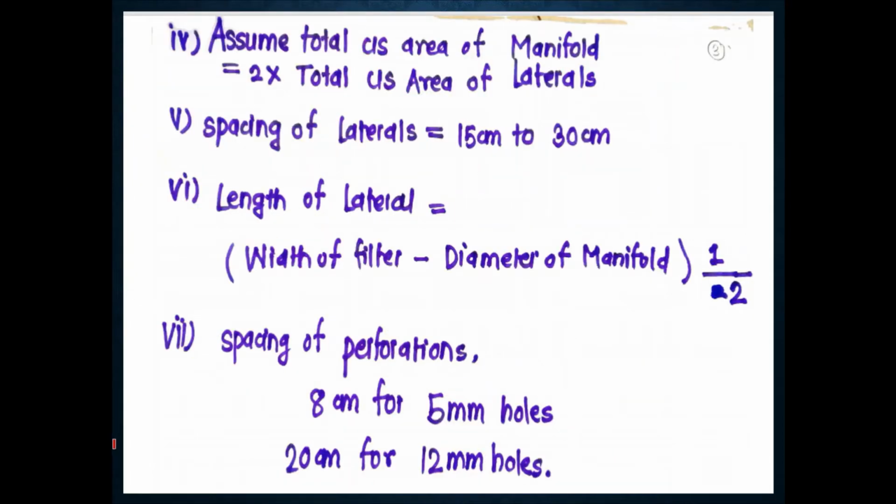Then the fourth assumption is nothing but: assume total cross sectional area of manifold is equal to 2 times the total cross sectional area of laterals.